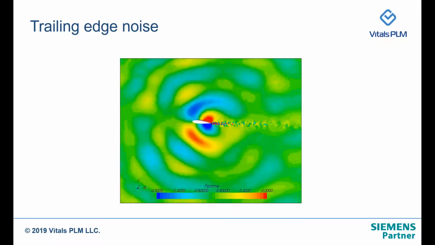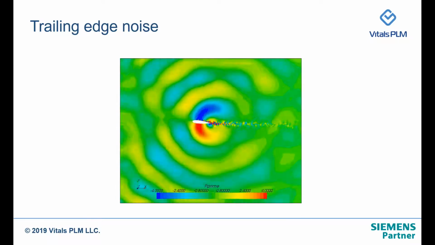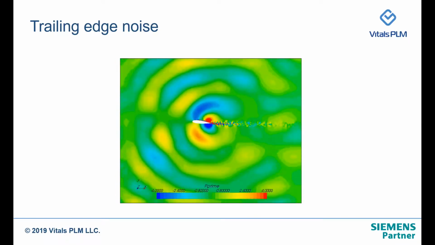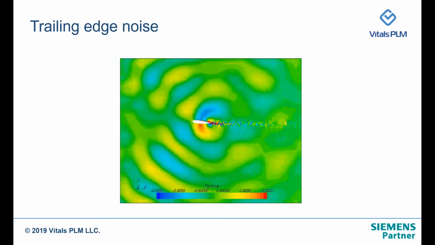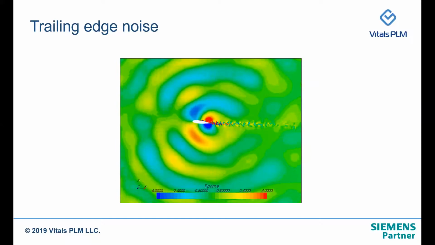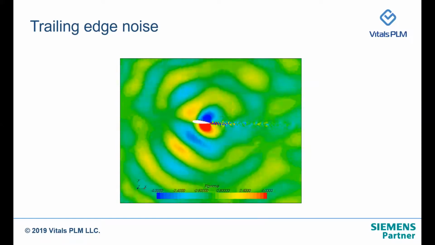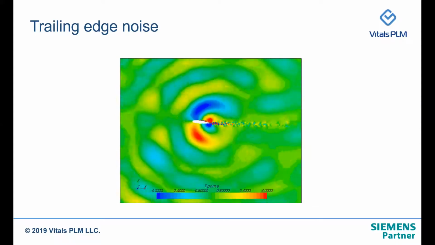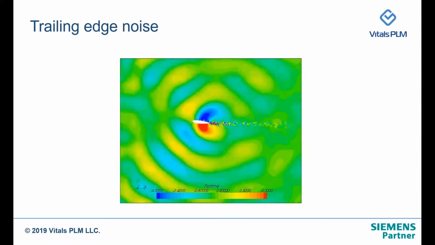And as they propagate downstream and interact with the trailing edge, that would become a source for the sound, and the generated sound will propagate in all directions. So the sound source is at the trailing edge of this airfoil. In this case, it's a NACA 0018, a blunt airfoil.